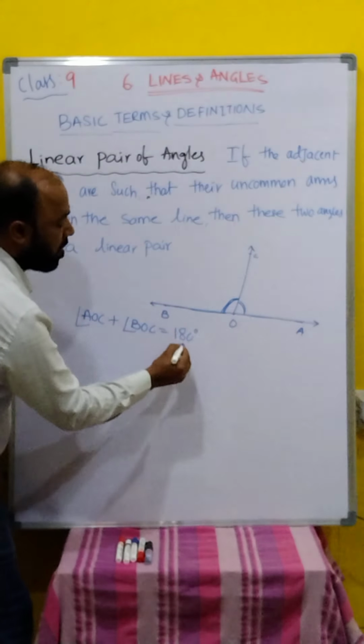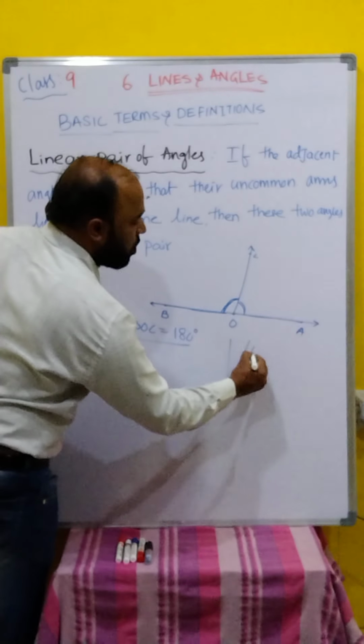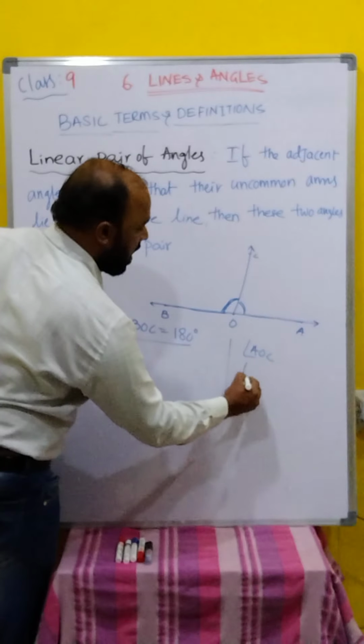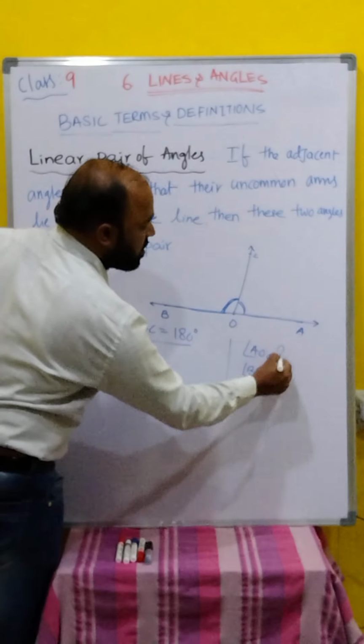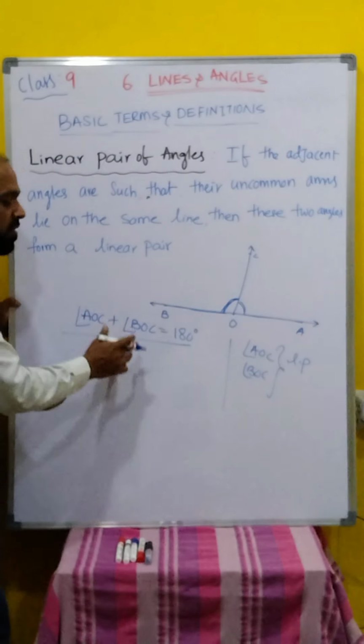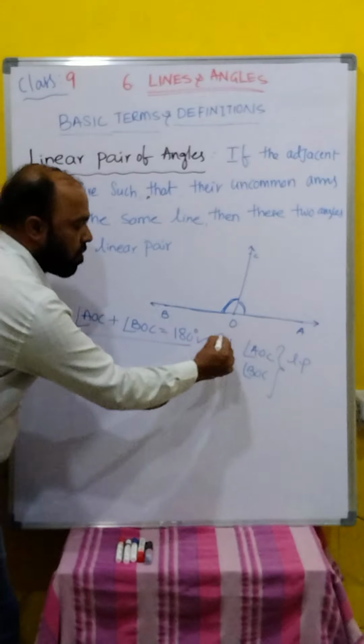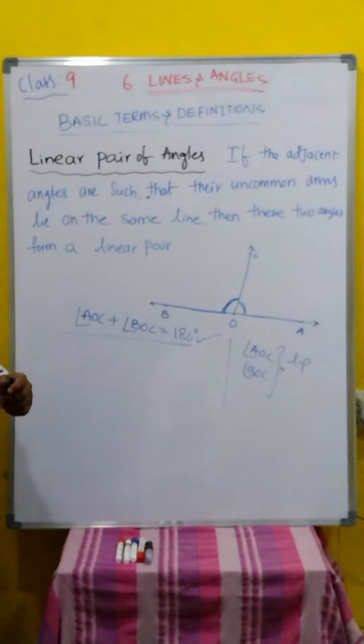That is a supplementary angle. Here, the linear pair angles are angle AOC and angle BOC. The sum of these two is supplementary. AOC plus BOC, supplementary means 180 degrees.